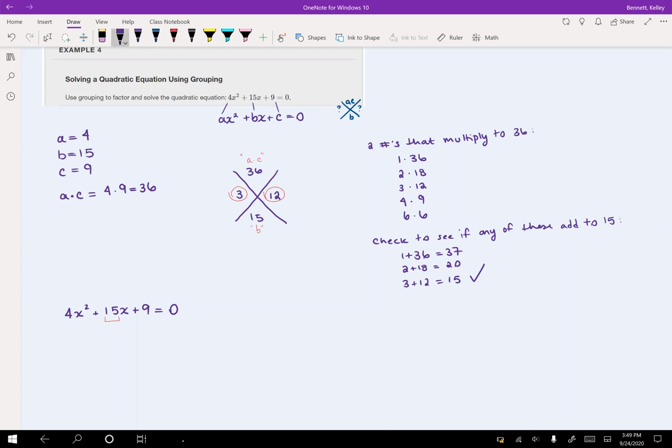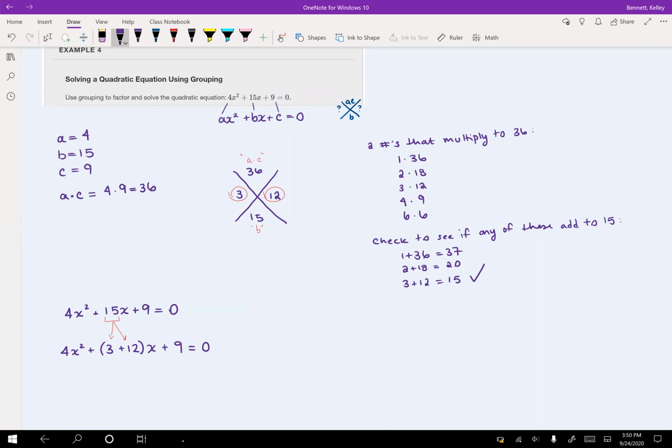So I'm going to have 4x squared plus (3 plus 12)x, just splitting it up into those two numbers that I found earlier. Then I still have plus 9 equals 0.